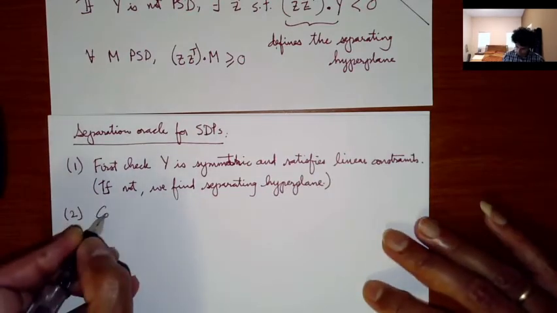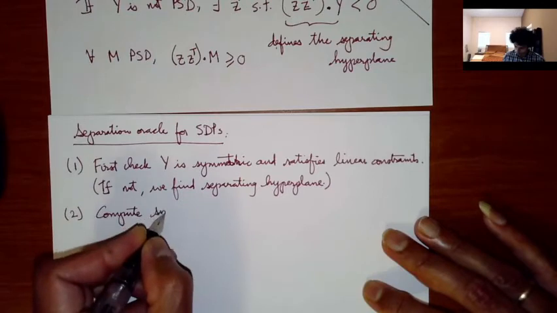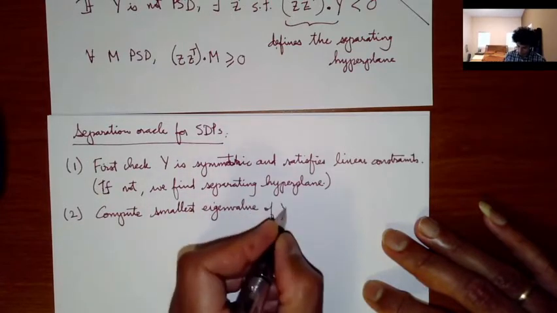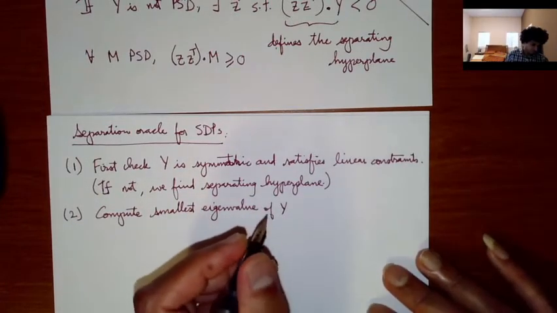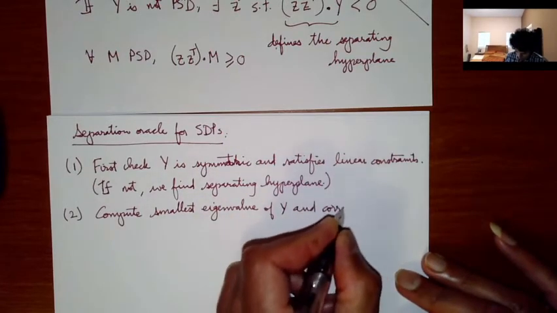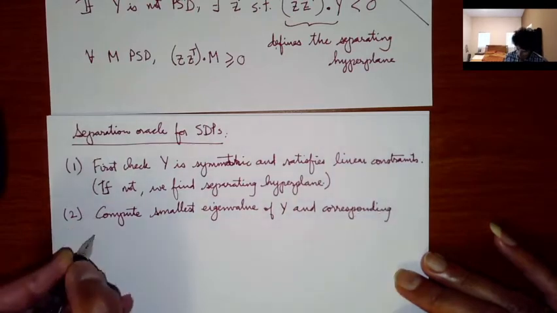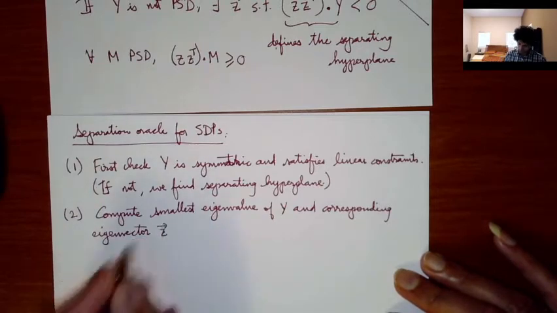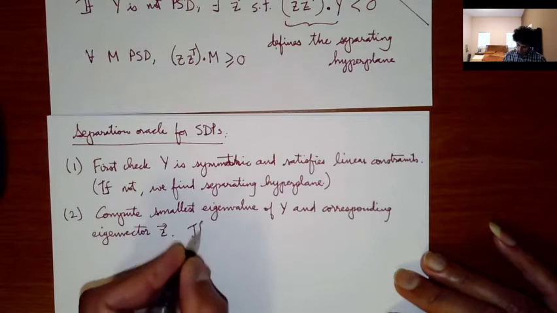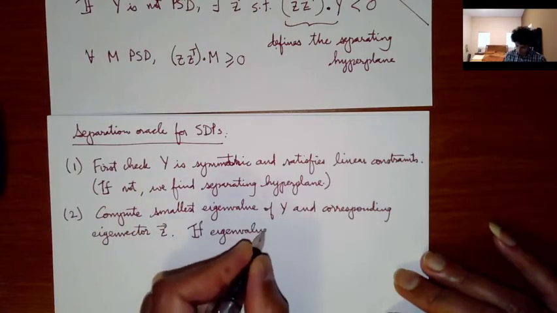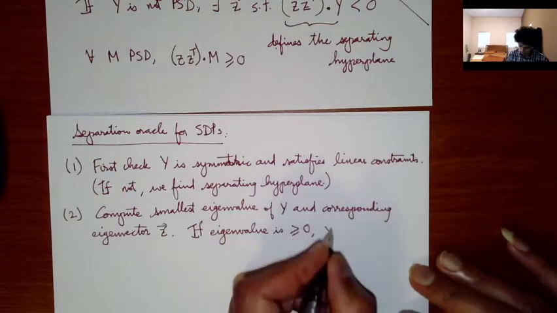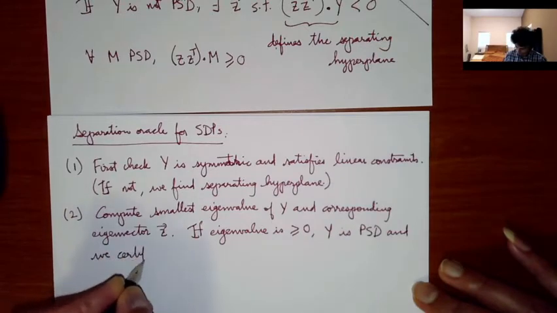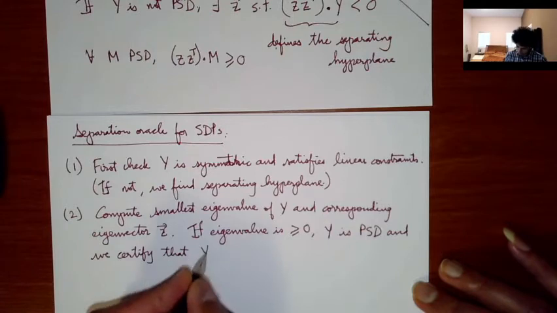Otherwise, what we do is compute the smallest eigenvalue of Y and the corresponding eigenvector Z. If the eigenvalue is greater than 0, then Y is PSD, and we certify that Y is feasible.